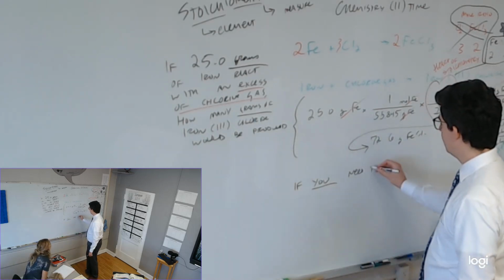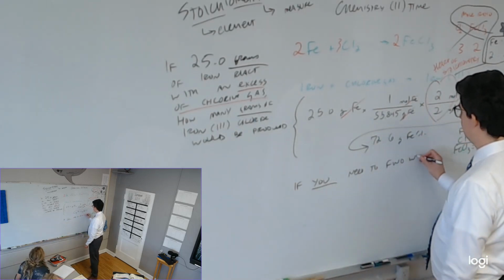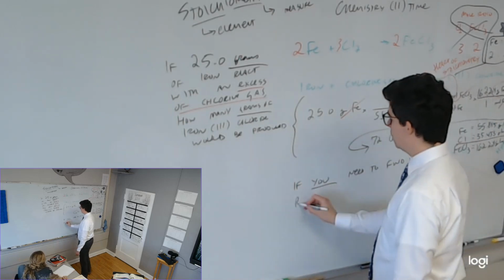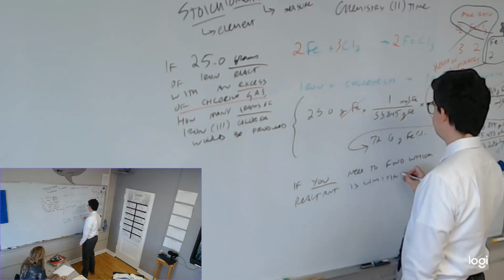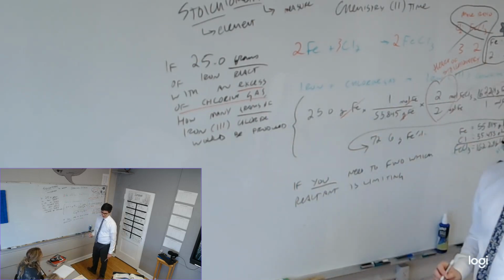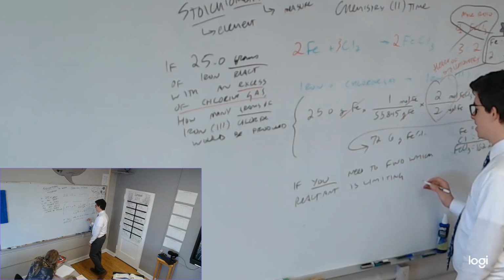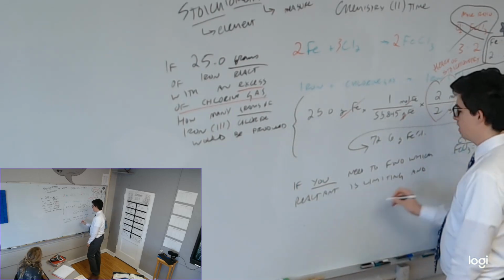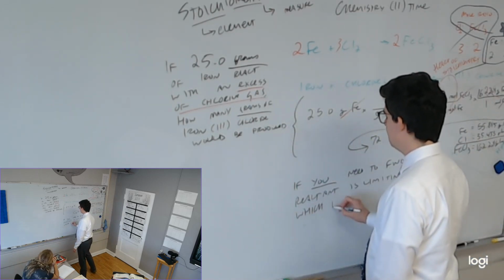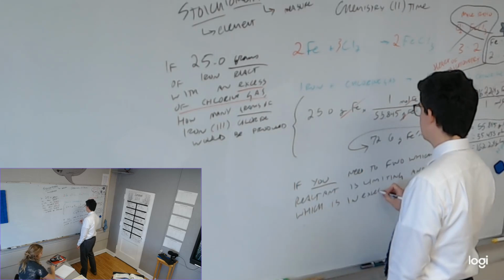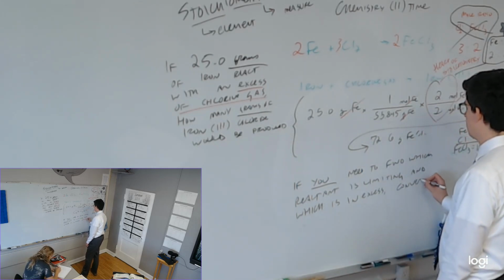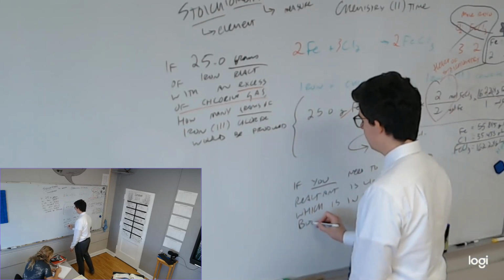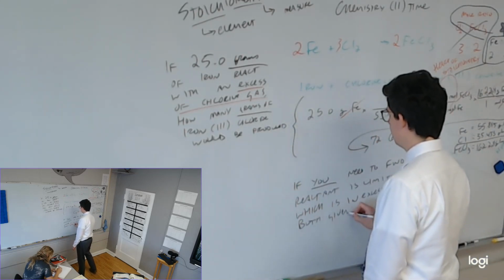If you need to find which reactant is limiting, you're going to do this on your own in a second. If you need to find which reactant is limiting and which is in excess, convert both given values.